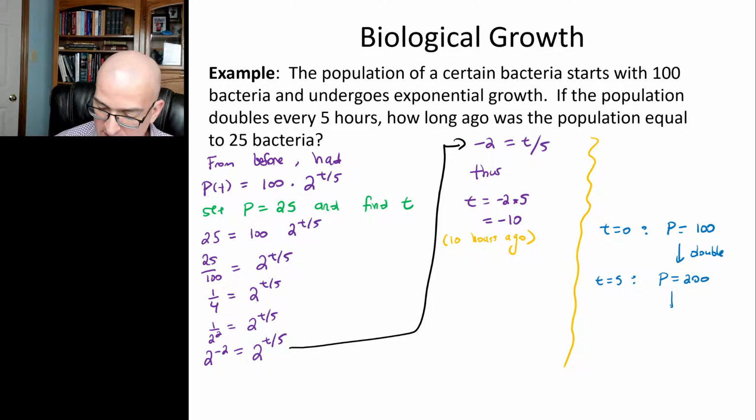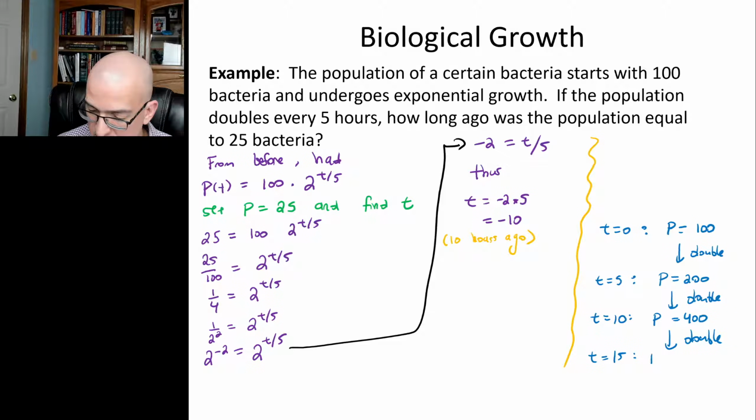If we go another 5 hours in the future, it's going to double again. We're going to go to 400. If we go one more time, to t equals 15, our population is going to be 800, etc.